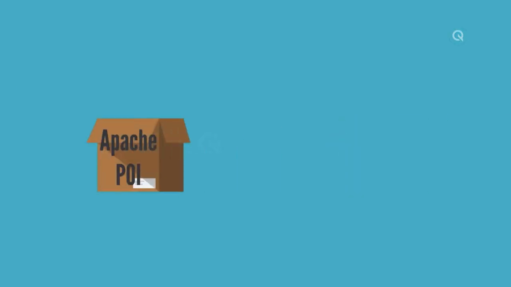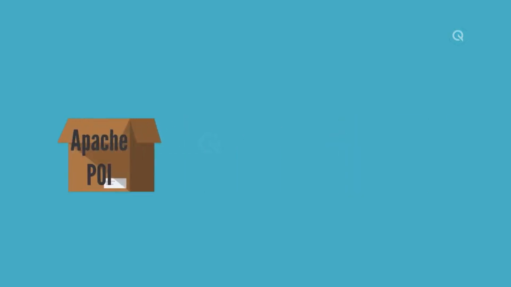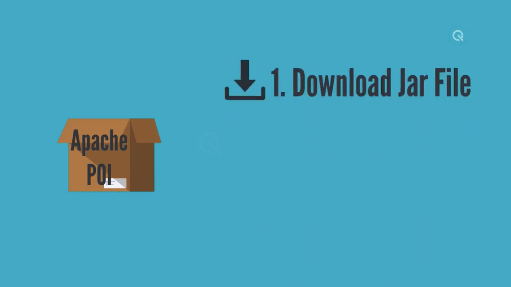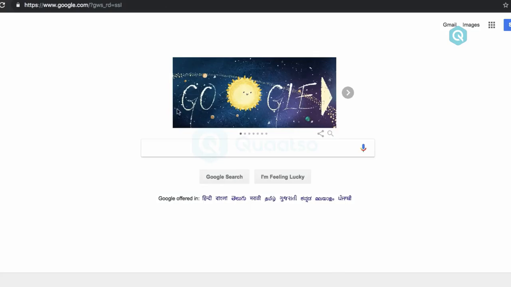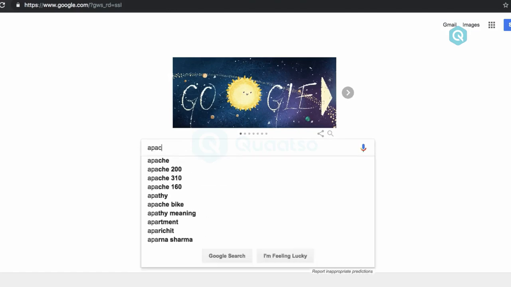There are two simple options to use Apache POI in our project. First, download jar files and add all of them in the Java build path. Second, use a Maven dependency inside your Maven project. Although we are going to use the second option, for better understanding, let's use the first option as well. So in order to download, open your browser and search for Apache POI.